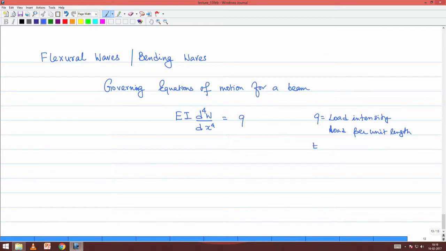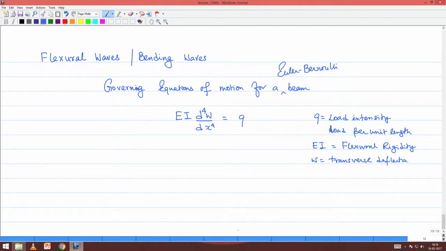EI is the flexural rigidity, and w is the transverse deflection that we are interested in for a beam, right. This is called the Euler-Bernoulli beam, which is really good enough for our discussion, right.